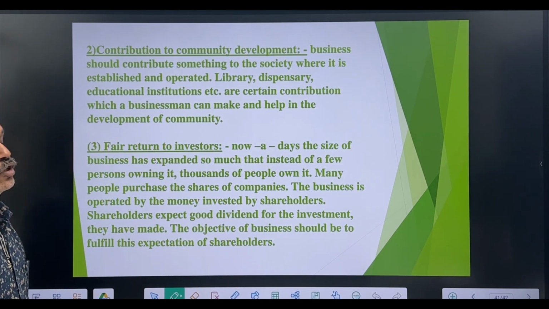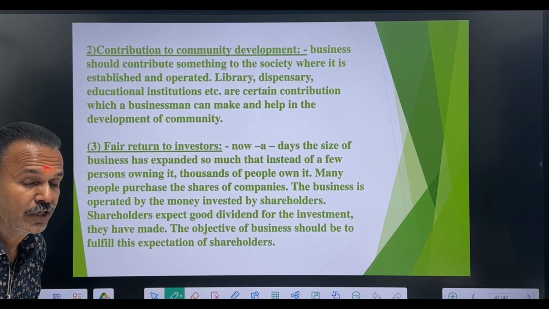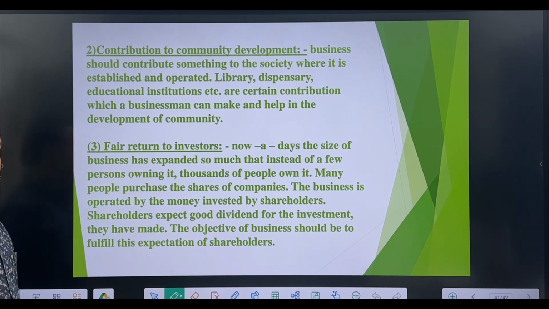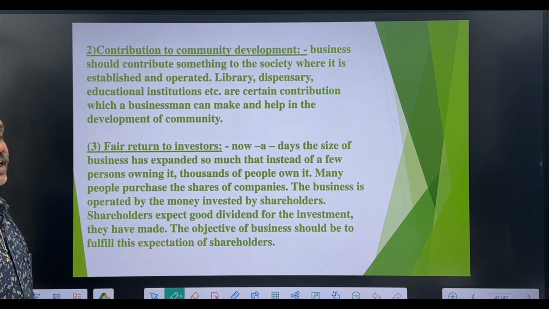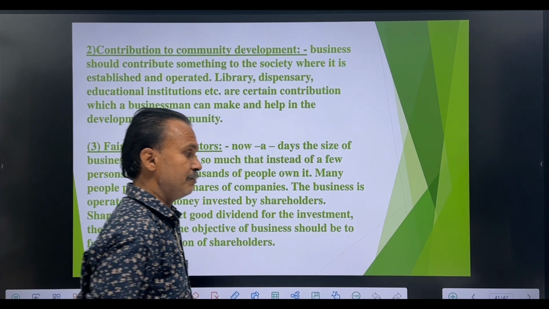Another social objective of the business is fair return to investors. Investors are those persons who invest their money into the business. Providing fair return to these investors is a social objective of the business.